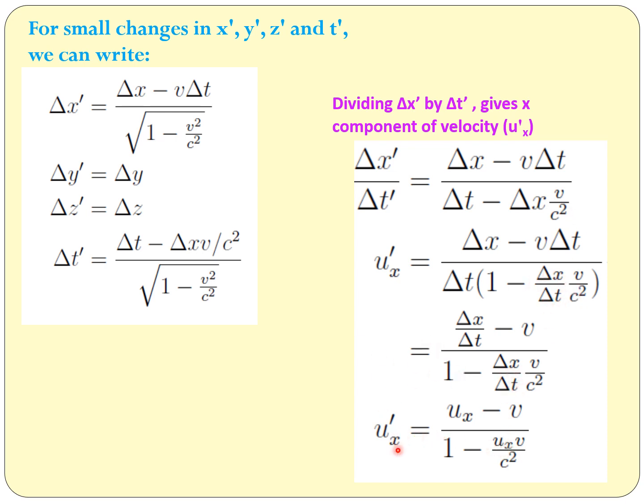So ux prime equals ux minus b divided by 1 minus b by c square into ux. This is the relation between ux prime and ux. This is the velocity transformation using the Lorentz transformation equations, known as the relativistic velocity transformation for the x component.